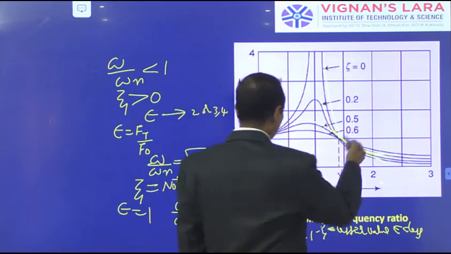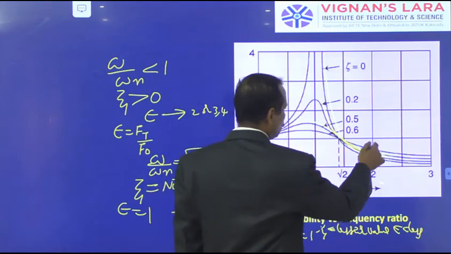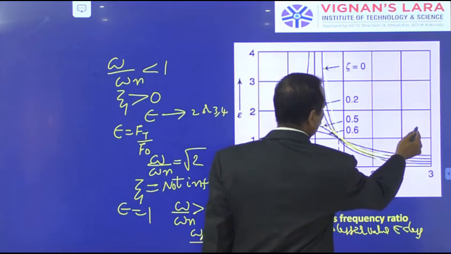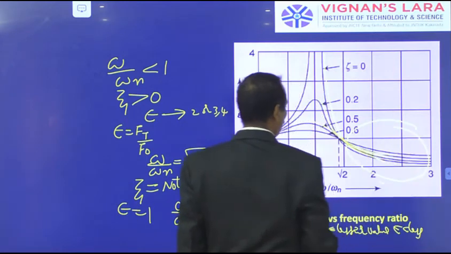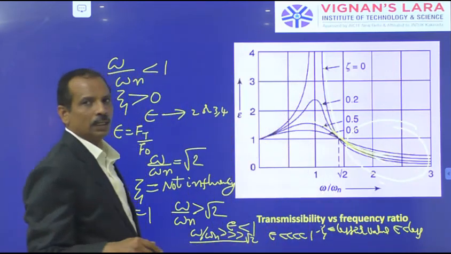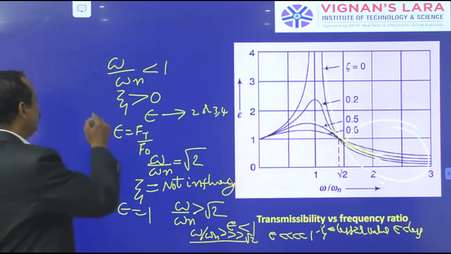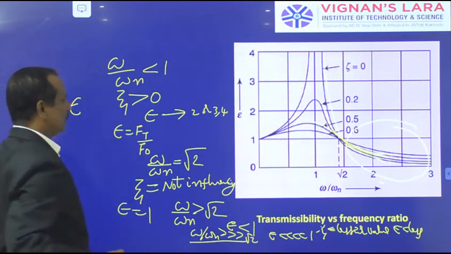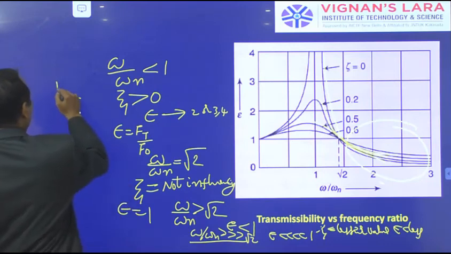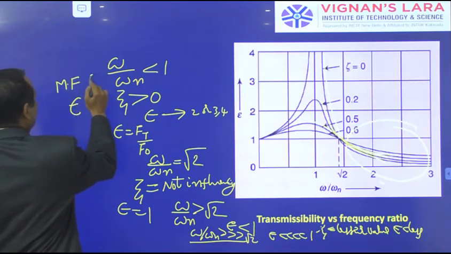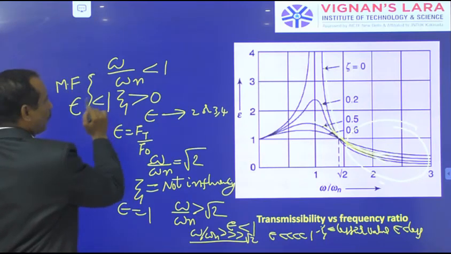So of course, like the transmissibility and magnification factors, you might have seen that when omega by omega n is greater than 1, both the transmissibility and the magnification factor are lesser than 1.